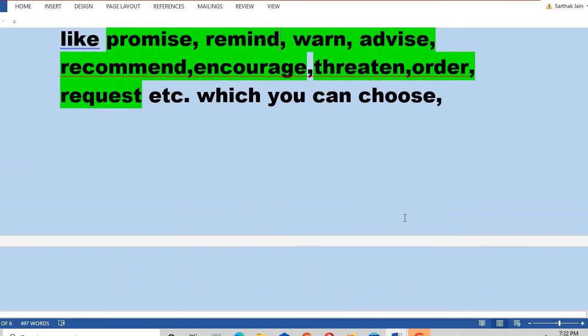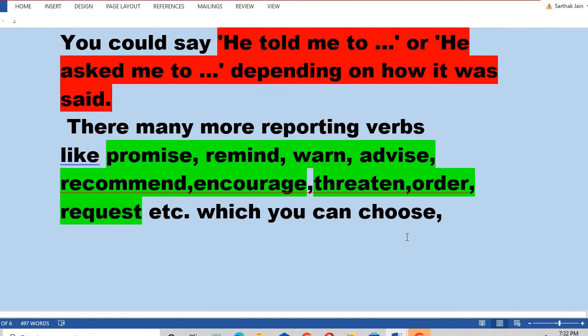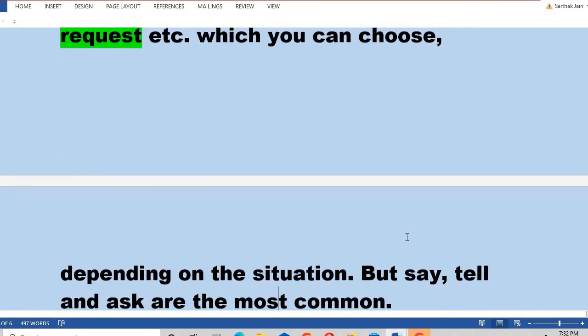Okay, some other verbs like promise, remind, warn, advise, always use past form. He advised me, he promised me, she warned me, she recommended me. Okay, just like this. So encourage, threaten, order and request. These types of verbs have to be used according to the situation.